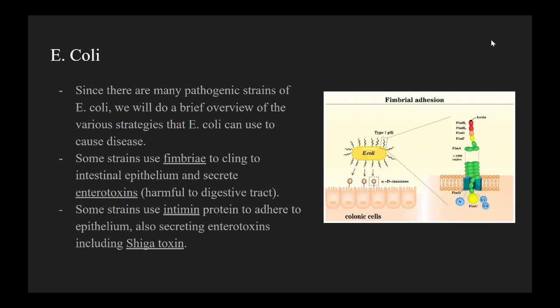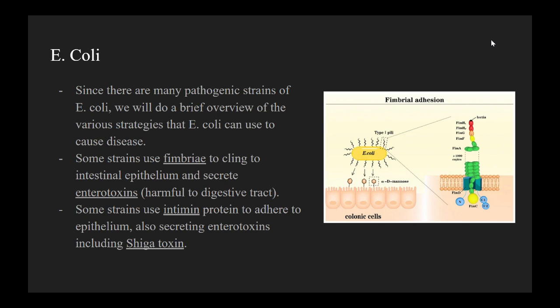Since there's a lot of different strains of E. coli that can cause disease in different ways, we'll do a brief overview of the different ways that E. coli are implicated in human disease. Some strains can use, if you remember, fimbriae. Fimbriae are kind of like pili, extensions that stick out of the cell, but they're pretty short, and there's a lot of them located all around the cell usually.